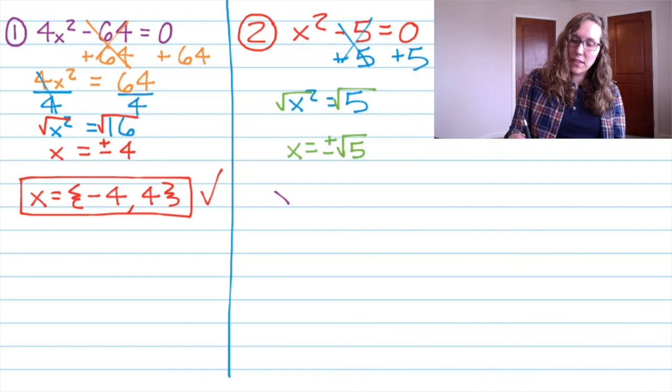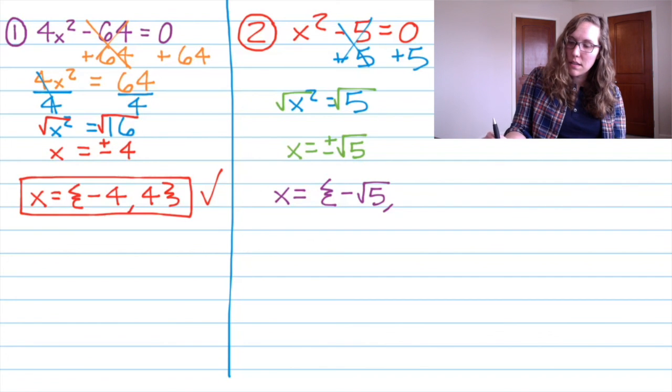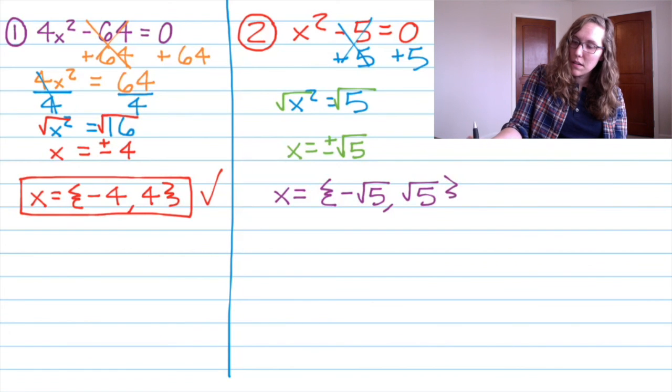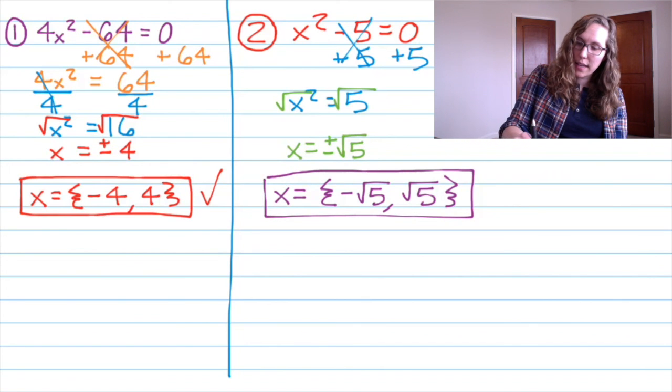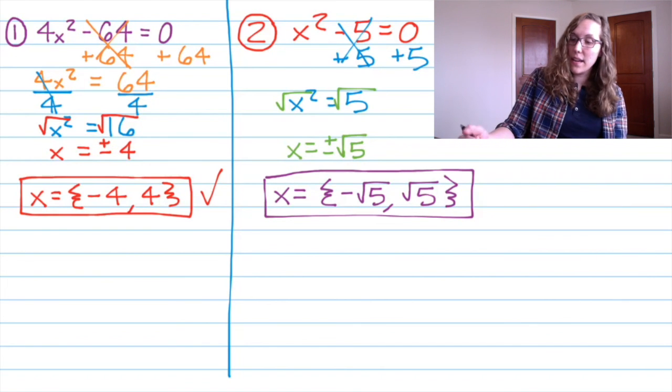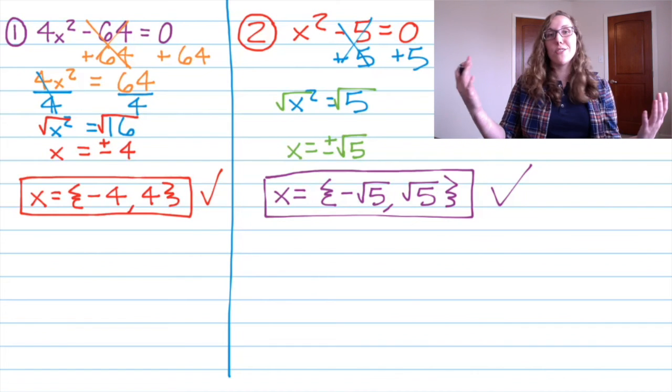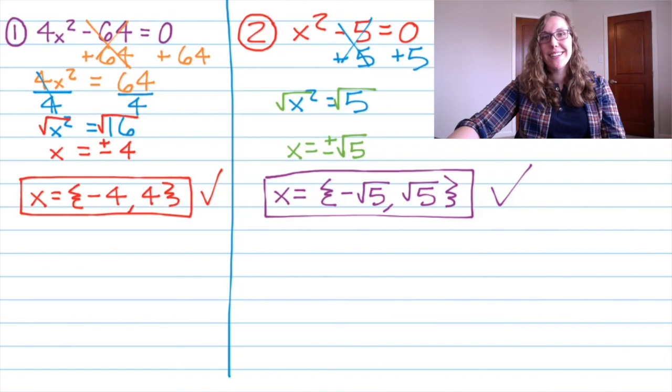So our final answer here is going to be still in our fancy brackets, still in order from least to greatest, but it is going to look just like that. We call that an irrational answer, and that is totally okay to get. Great job.